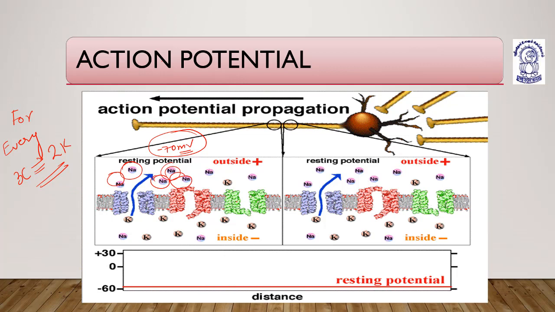So these channels require an enzyme for the transportation of sodium and potassium, especially the ATPase enzyme, because this is a process which requires energy. So this is an active process.